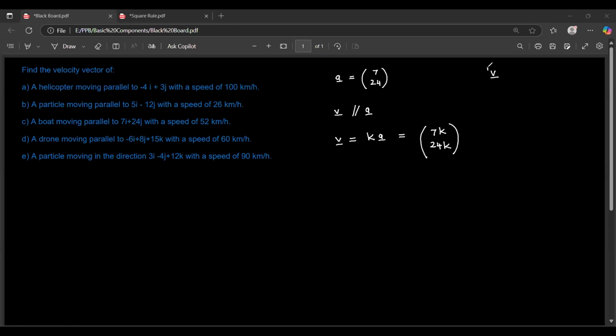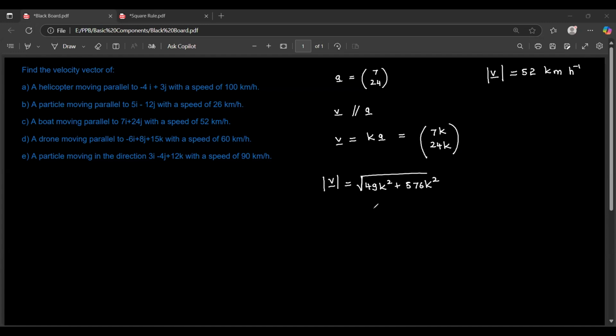And they're saying the magnitude of v is equal to 52 kilometers per hour. So I can say the modulus of v is equal to the square root of 49k square plus 24 times 24, which is 576k square.